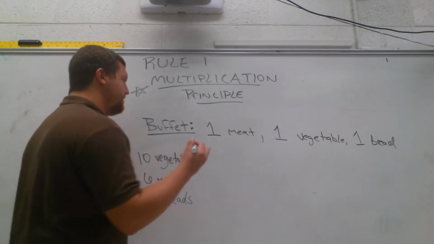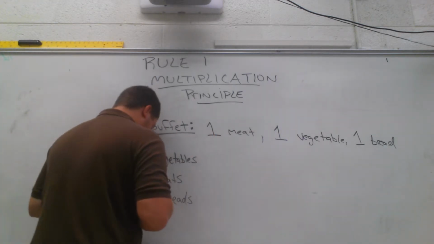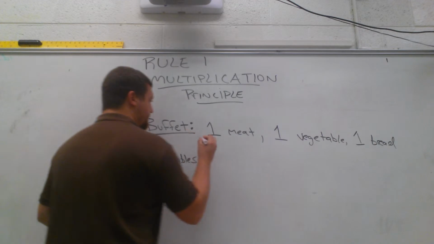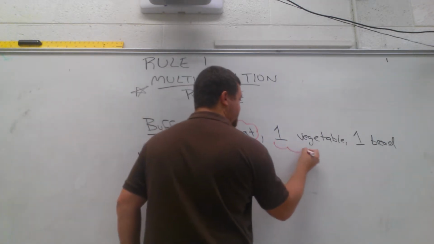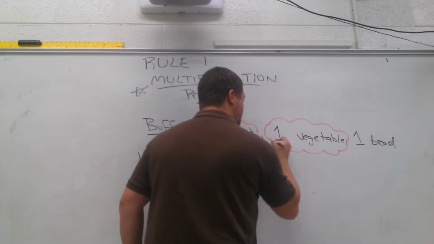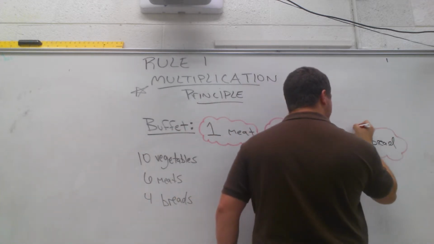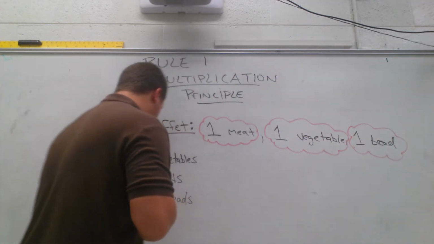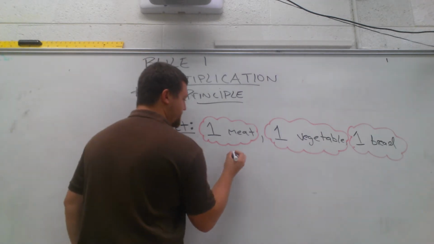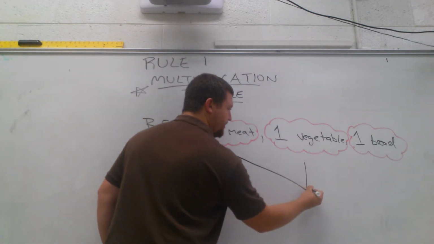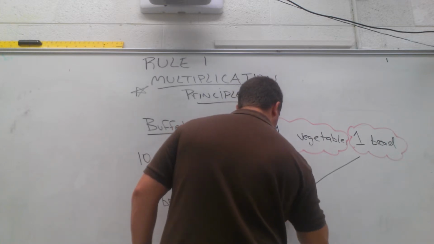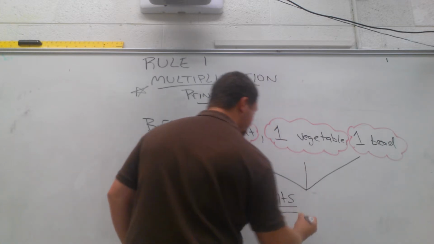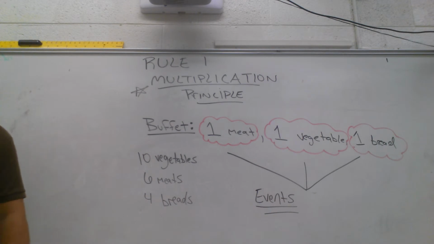So these right here would represent my options. Or, in robot language, look back at your definition, these are my events.